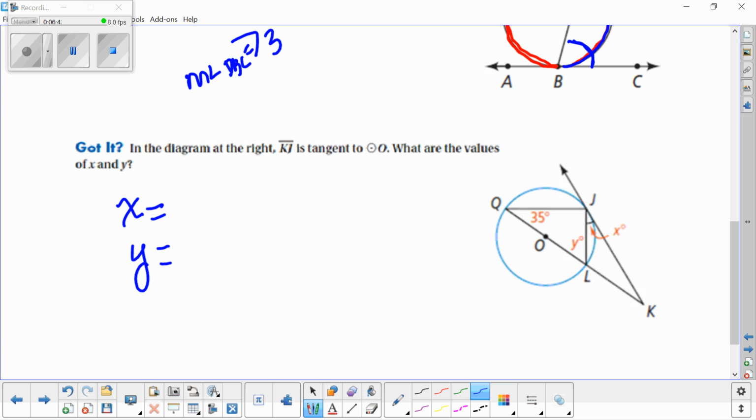So this arc right here is going to be twice this 35, right? So that's 70. And that's going to be the same as x. Well, I'm sorry about that. x is half of 70 because it's half of the intercepted arc. So it's 35.